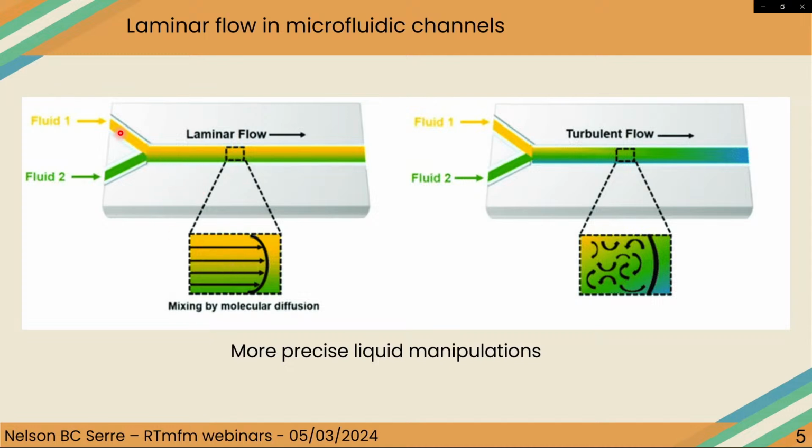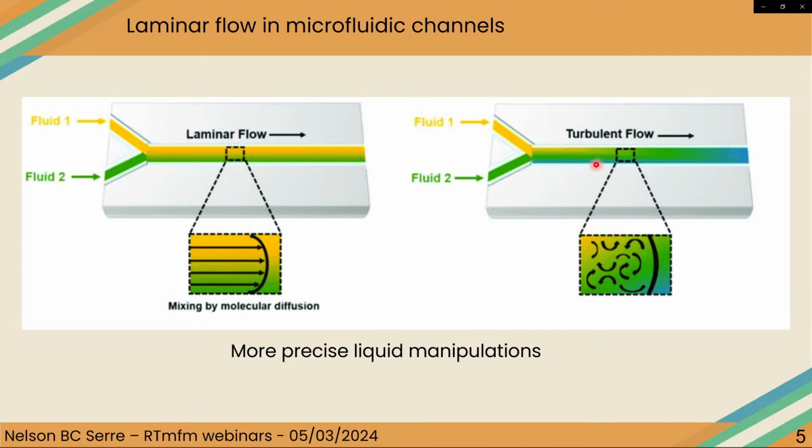And if you change the pressure of one relative to the other, you can play with the width of one and the other. And if you enlarge the channels a little bit more, you will get the turbulent flow, which has all these vortices and chaotic behavior.